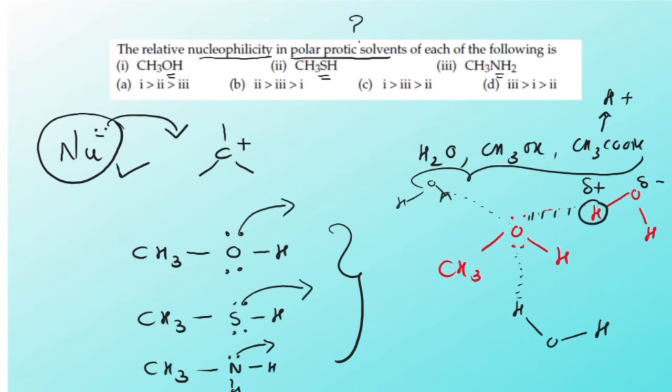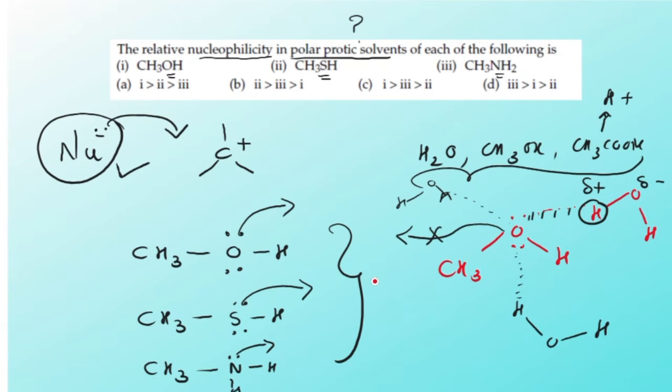Because of this, what happens? Its nucleophilicity is somewhat decreased. Will it be the same for all the atoms here? No. It depends on the size of the atoms present here. The polar protic solvent decreases nucleophilicity by tightly caging and stabilizing nucleophiles through hydrogen bonding.